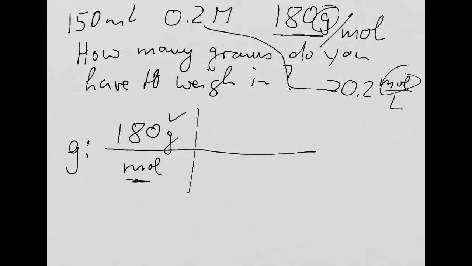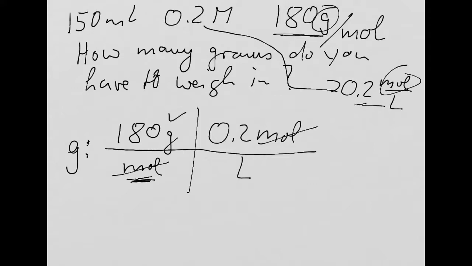So we have a mole down here, so we write this so that this mole is on top of the fraction line. 0.2 mole per liter. What happens to the moles if that was a fraction? They cancel each other out. Yee-hoo! We got rid of the mole.